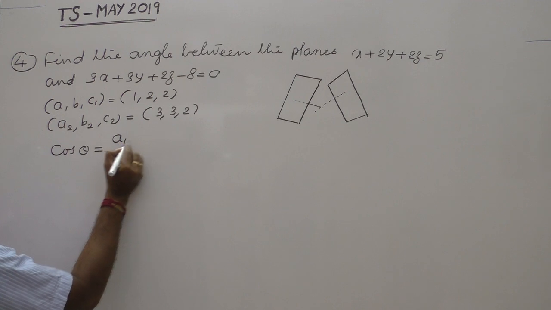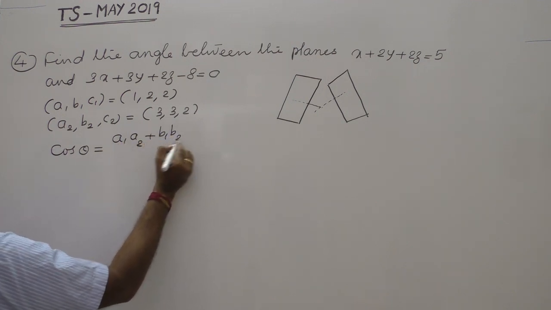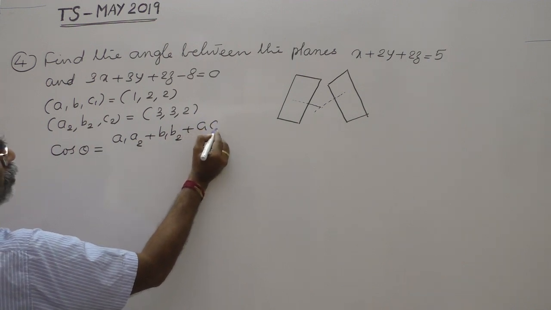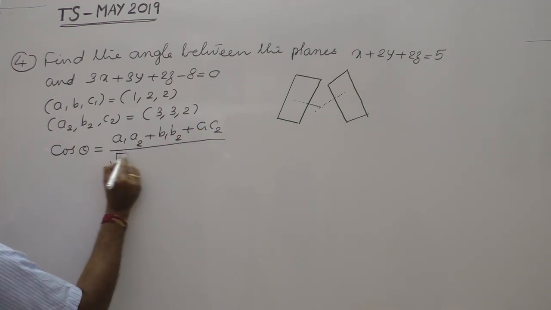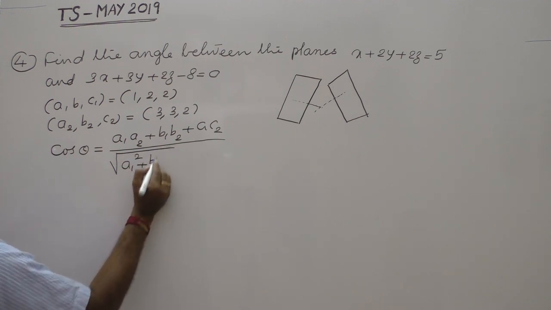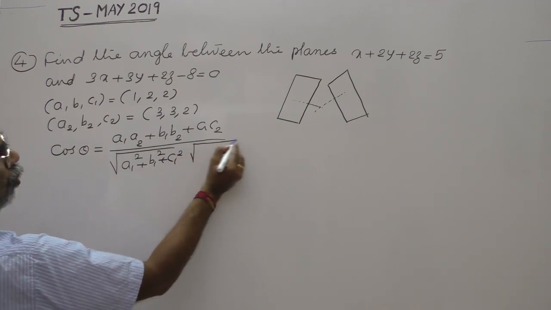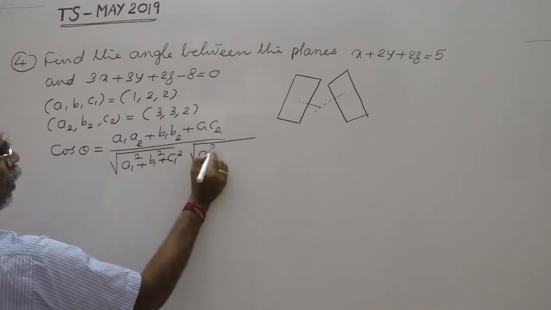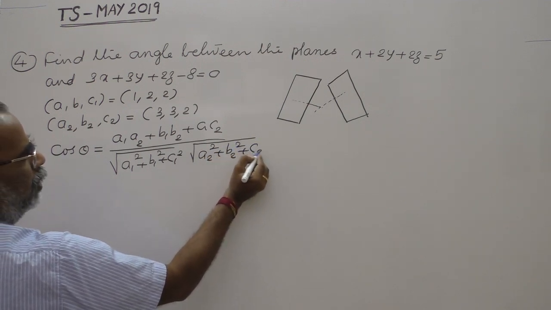So for cos theta we have A1 A2 plus B1 B2 plus C1 C2 whole divided by root over A1 square plus B1 square plus C1 square into root over A2 square plus B2 square plus C2 square.